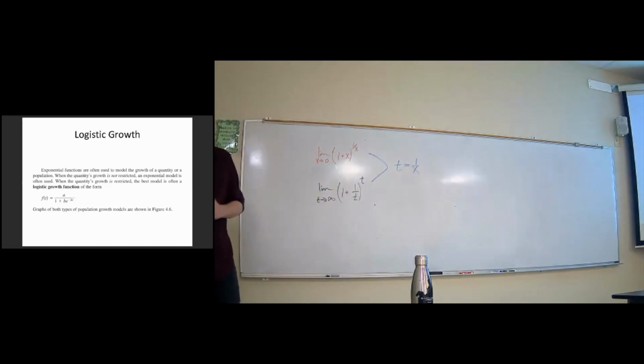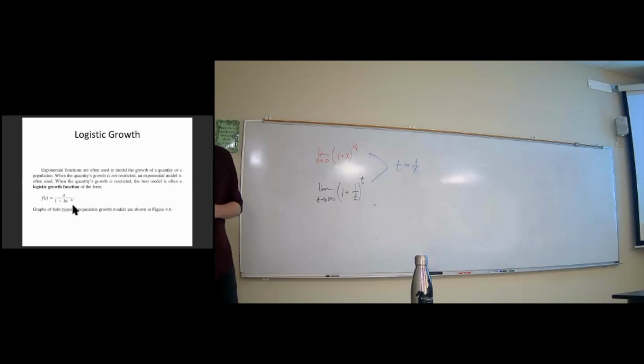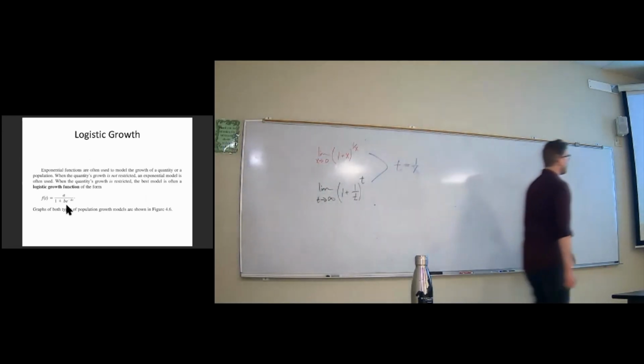Because of that, you get this behavior where it increases pretty quickly at first, and we have this point of inflection somewhere in here. Then the speed at which people catch the disease starts to decrease, and it steadies off onto a steady state. This function uses the exponential. It uses e, right?